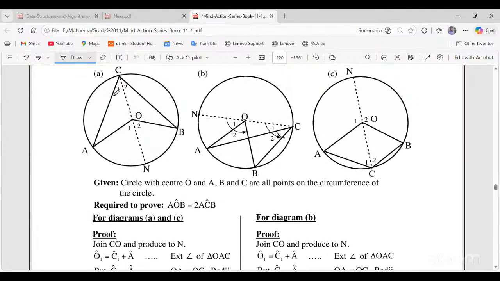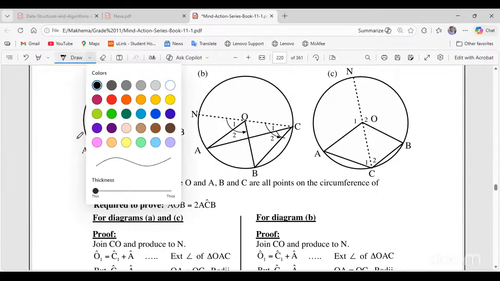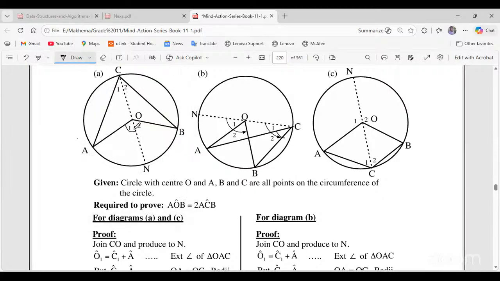O1 is equal to angle A plus C1, using that property of triangles. If this is a triangle, then this exterior angle will be equal to the sum of interior opposite angles. So this angle plus that angle is equal to this angle that is outside.